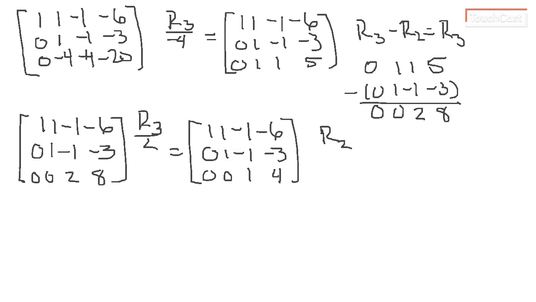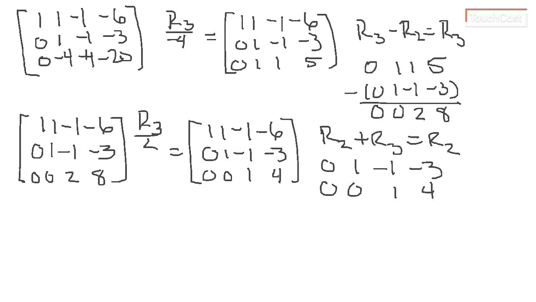So moving forward, what I'm going to do next is take my second row and add it to my third row to get a new second row. We can do that. So I'm going to go 0, 1, negative 3, 0, 0, 1, 4. And I'm going to add these.